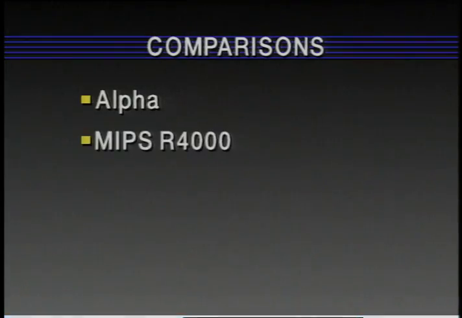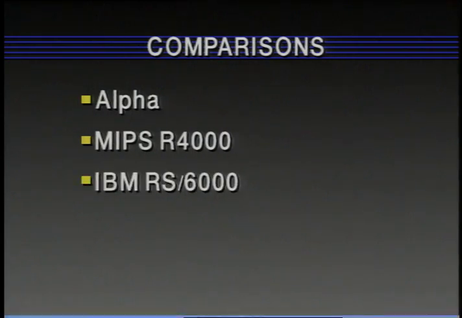If we look at the MIPS R4000, it was an evolution of an architecture, but in doing that evolution they essentially only added 64-bit extensions. All the other kinds of things that we have done to SPARC in addition to 64 bits were not done in that particular architecture. If you look at the IBM RS6000, it used a segmented addressing scheme to get more than 32 bits of addressing.